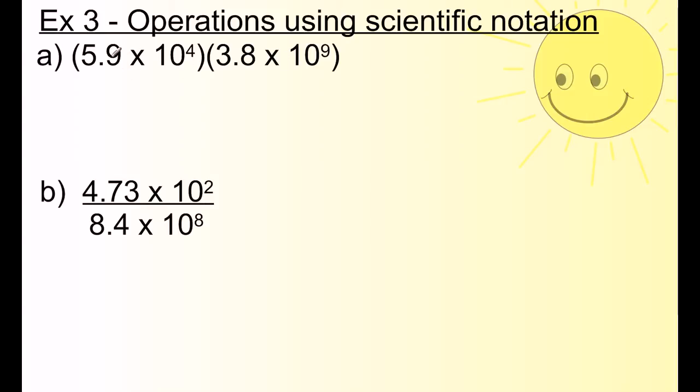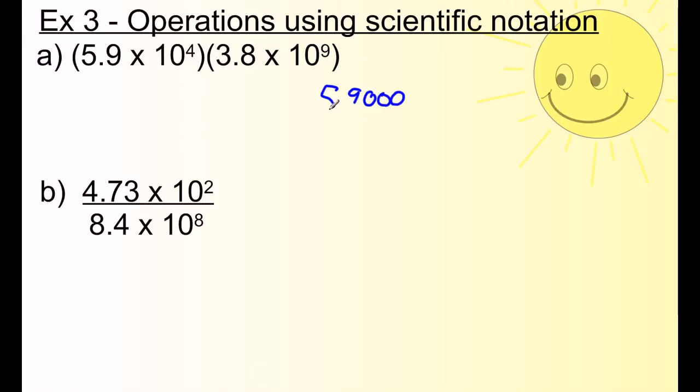So I want to take 5.9 times 10 to the 4th times 3.8 times 10 to the 9th. Now, the first thing I hope you don't do, I hope you do not try to take this and write it out as like 5.9 and then zeros. I'm actually doing the math in my head here, removing the decimal in my head.